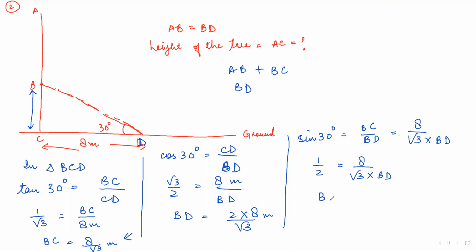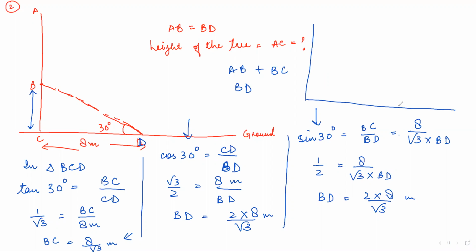So from here, your BD will become like 2 into 8 divided by under root 3 meters. Clear? So same answer you are getting. All right. So you can find either cos or sine 30 as per your wish.